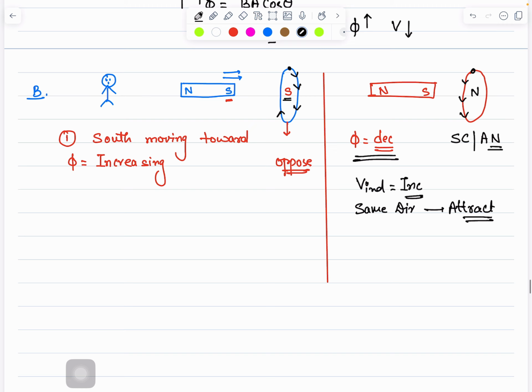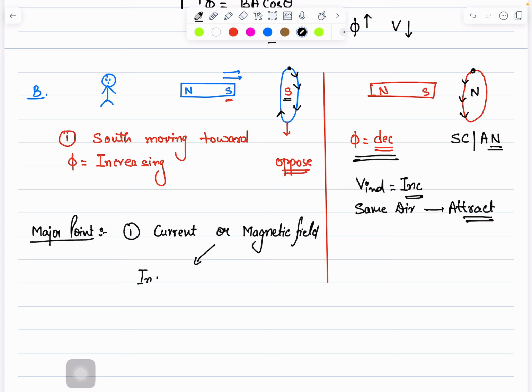So what are the major things you need to focus on? Again, I will write it for you, major points, what you need to understand. See, first, current or magnetic field. They will give you only these two things. Magnetic field. Okay, you need to check increase or decrease.